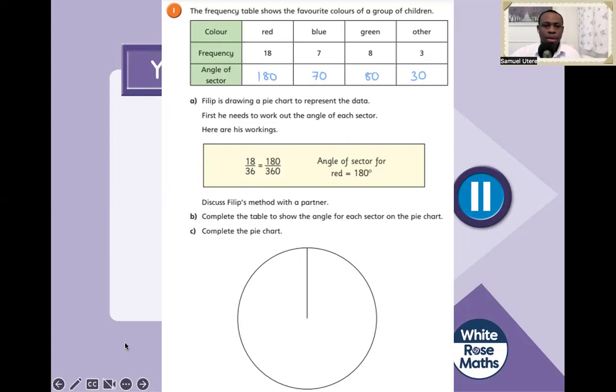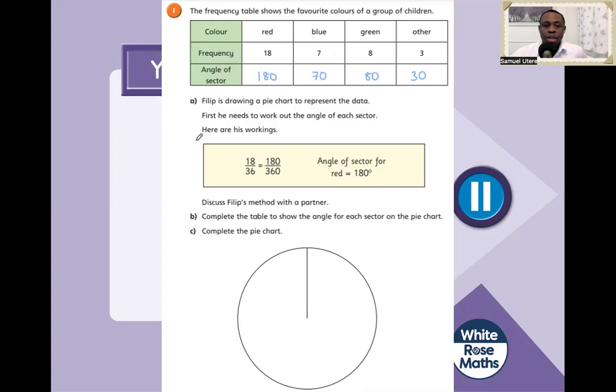Now, assuming you've paused the video and answered, let's discuss the answer. Remember, if we add 18 to 7, that would be 25. 25 plus 3 is 28. 28 plus 8 is 36. So what Philip is trying to work out is the proportion of this out of the whole lot.